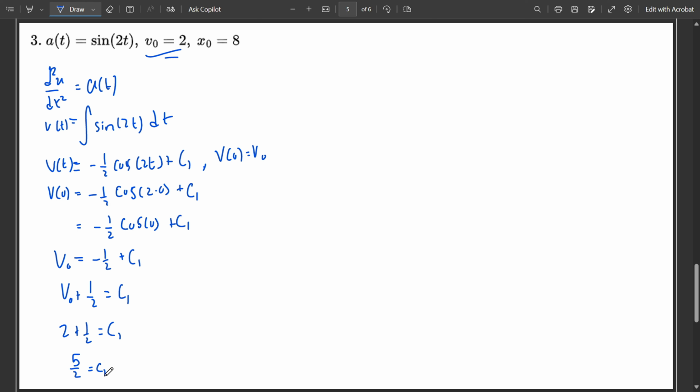Okay, great. So we have here v of t equals negative 1 over 2 cosine of 2t plus our constant 5 over 2. Now we need to find x of t. Well, x of t again is just the integral of v of t. So we have integral of negative 1 over 2 cosine of 2t plus 5 over 2 dt. And again, integral of cosine is a sine.